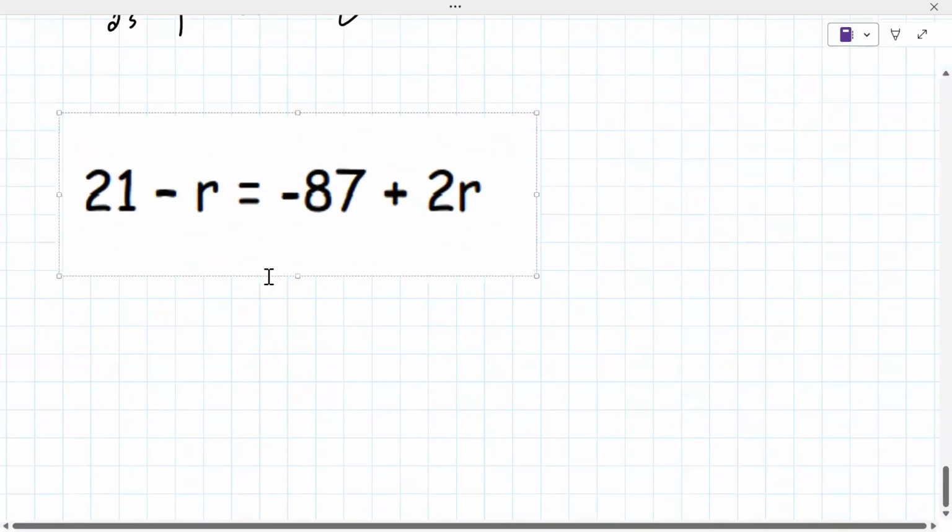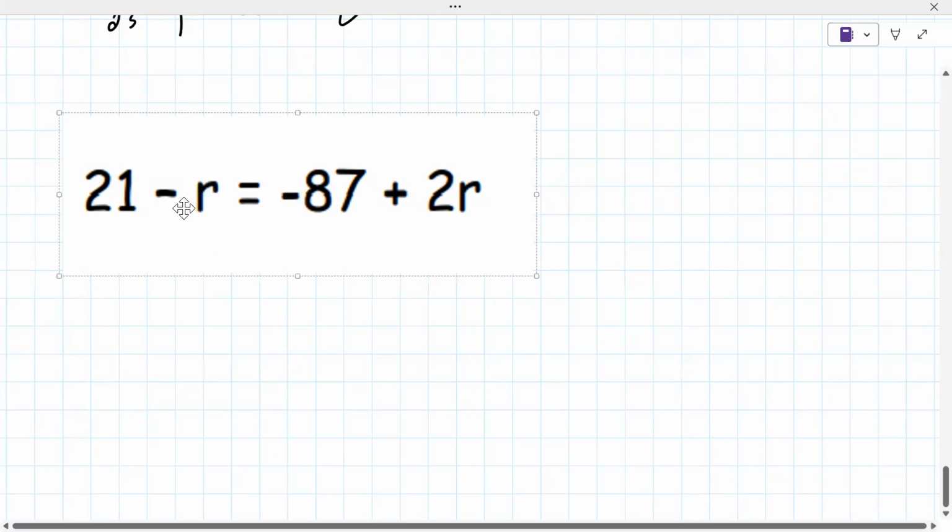All right, so what is the number in front of the negative r?